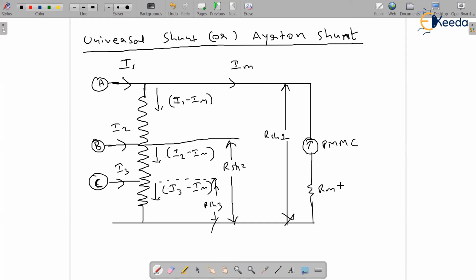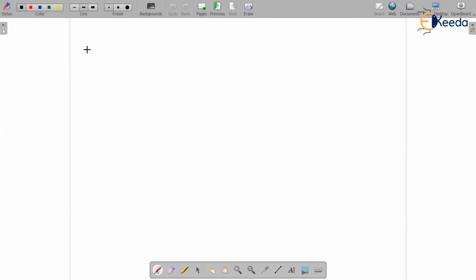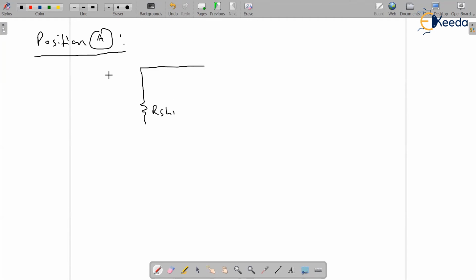So now we are at position A. This is RSH1. I1. Rm.